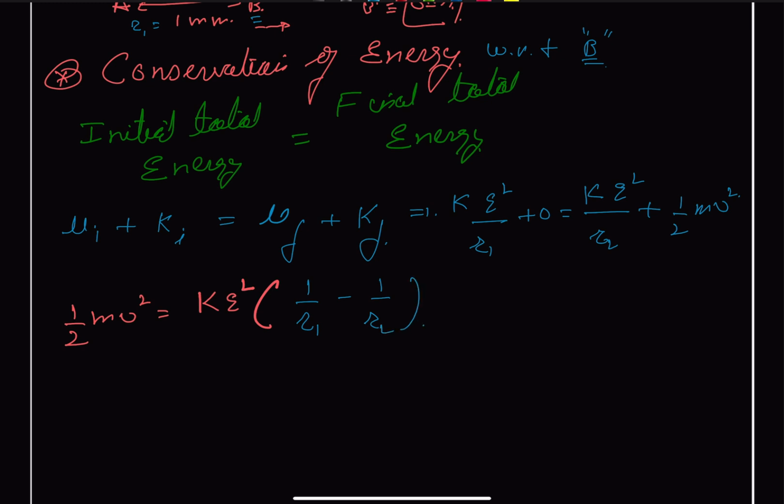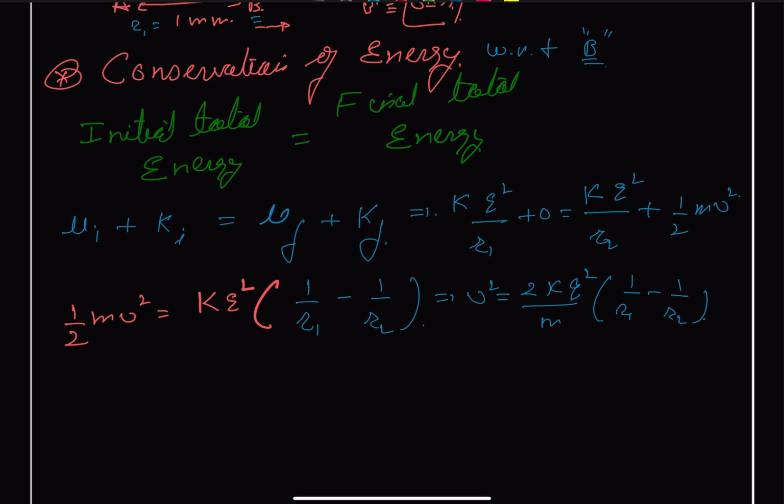We are supposed to find out the velocity. So we can say our velocity square is equal to 2k q square divided by mass m, 1 upon r1 minus 1 upon r2.